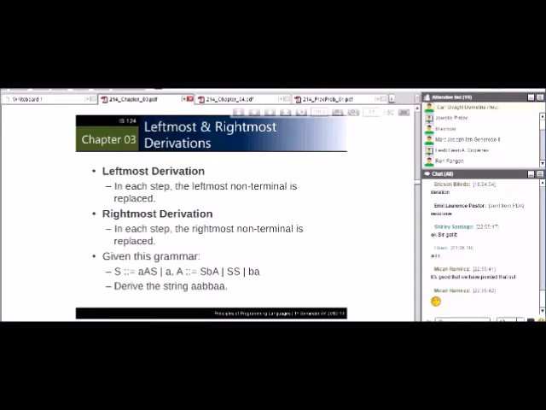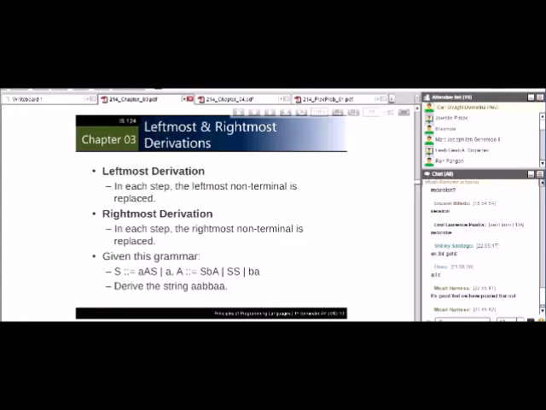Leftmost derivation, we replace the leftmost non-terminal first before we proceed to the next non-terminal. So it's just a matter of replacement, which to replace first with the corresponding right-hand side. For the rightmost, of course, the rightmost non-terminal is replaced.